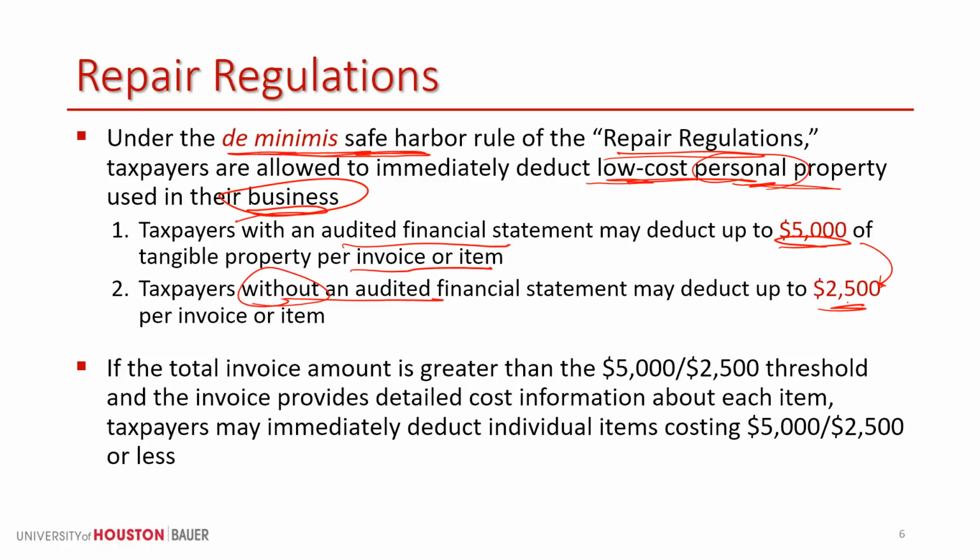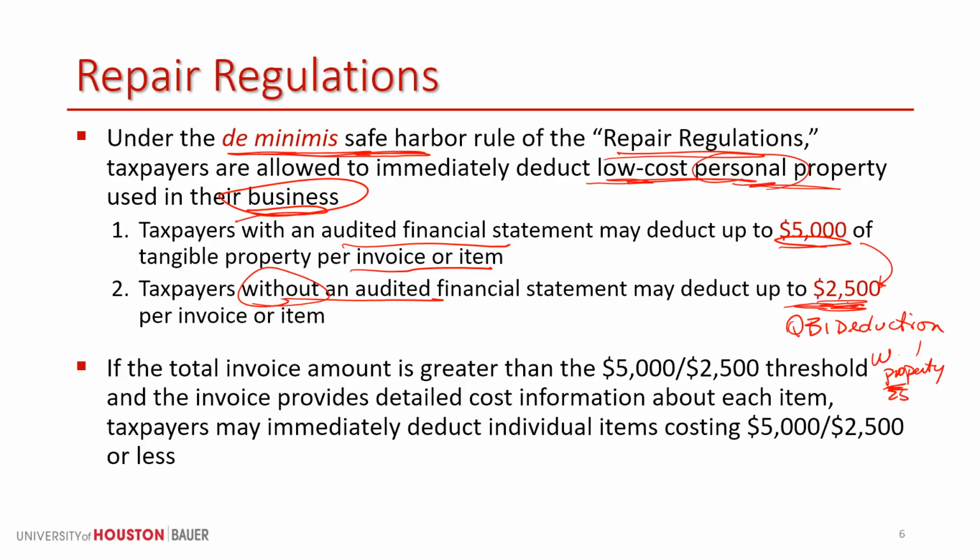Now, there's a slight downside to this, and that's with respect to the qualified business income deduction that we referred to earlier in Chapter 6. In Chapter 6, we mentioned that there were wage and property limits. And so for the wage and property limit, you actually want to start capitalizing things to increase your property.